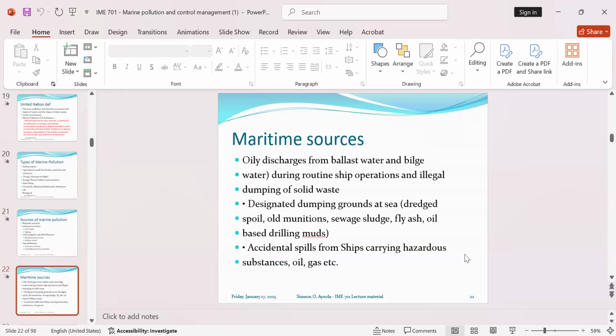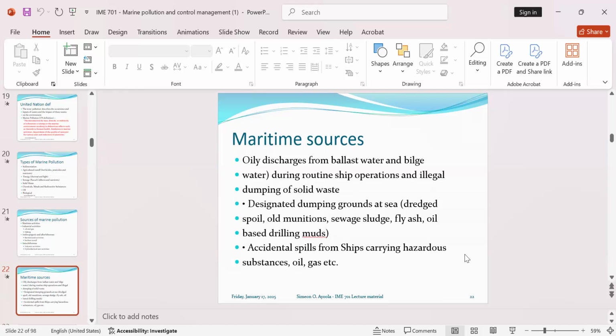Now let's take them one after the other. Let's look at the marine sources: discharge of ballast water and bilge water during routine ship operation, and illegal dumping of solid waste. Most vessels, in the process of maintaining themselves, discharge all of this.